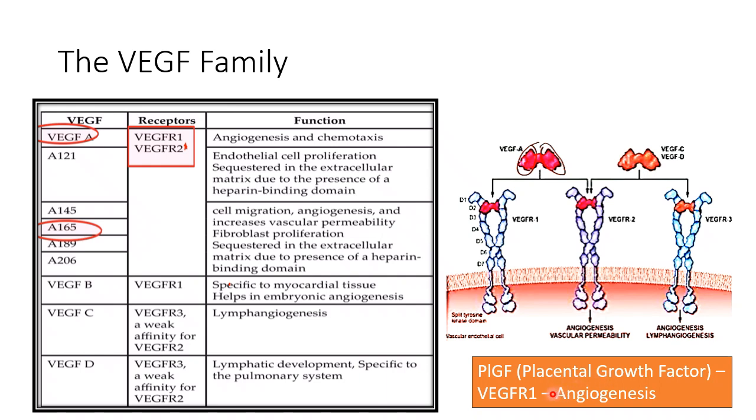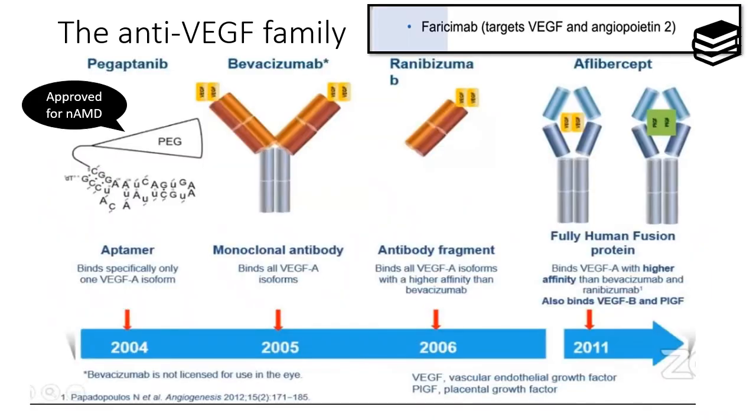This is also important, and there are anti-VEGFs which act against VEGF-A, B and placental growth factor. So please remember, placental growth factor behaves just like VEGF-A, stimulating angiogenesis, and it acts on VEGF receptor 1. This is the family.